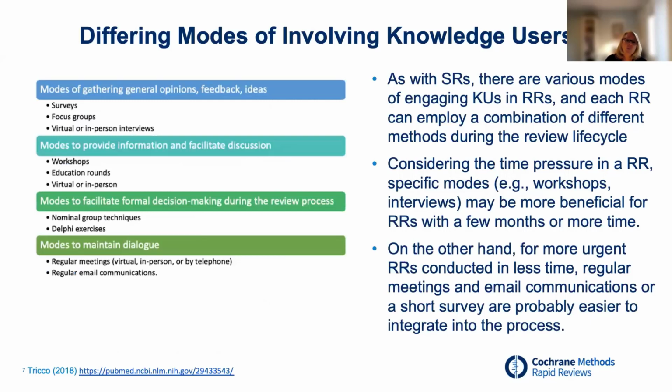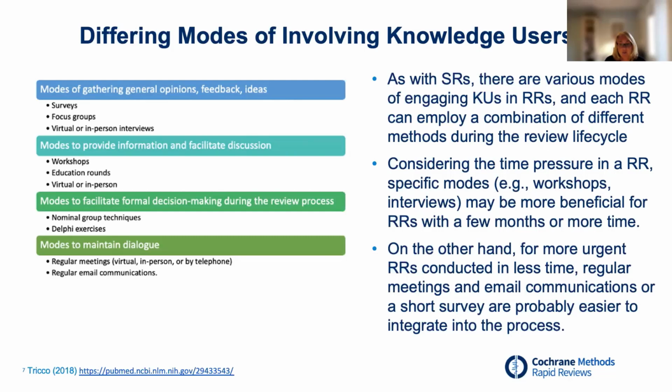There's also different modes of involvement. As with systematic reviews, each rapid review can employ a combination of different methods during the review lifecycle. You have to really think through the time pressure in a rapid review in terms of the modes you might want to think about using. So for example, workshops and interviews are going to be a little bit more time consuming.